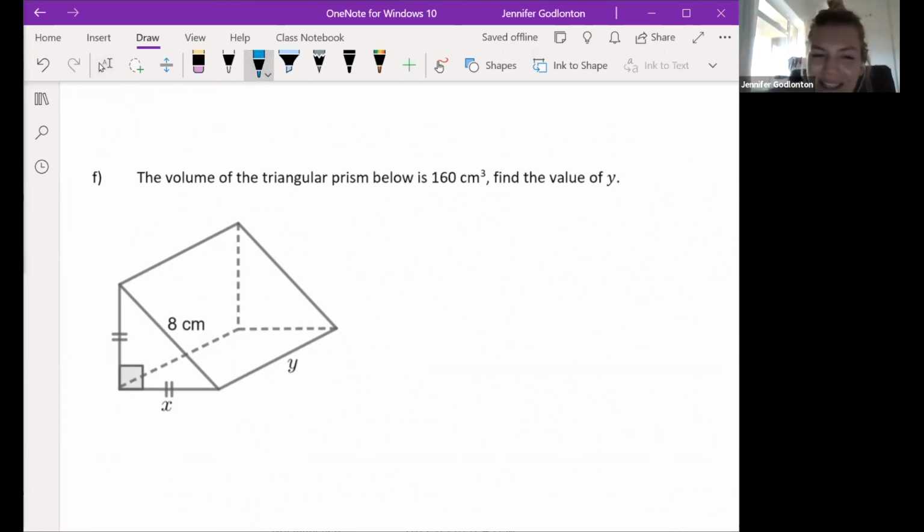I'll put some hints on here. They've told you that these lines are the same, which means that that's x. That's my first hint. My second hint is Pythagoras. And those are the only hints you really need.